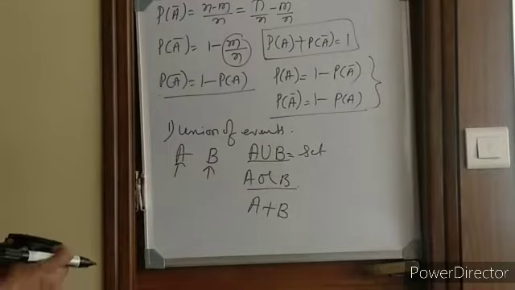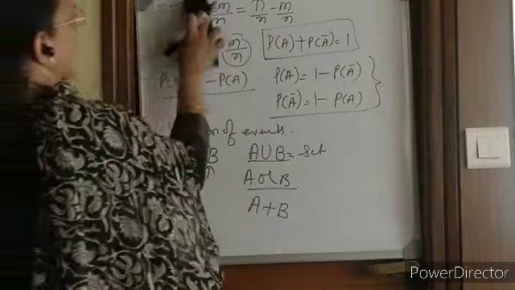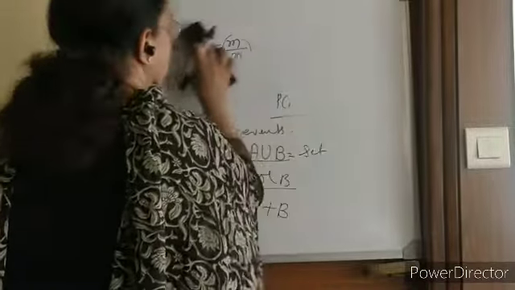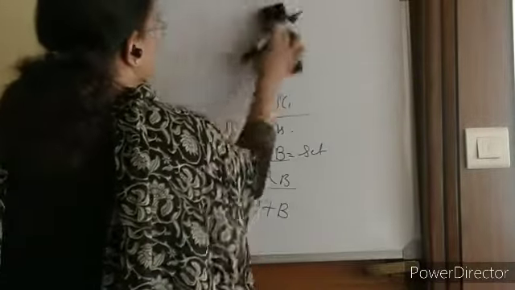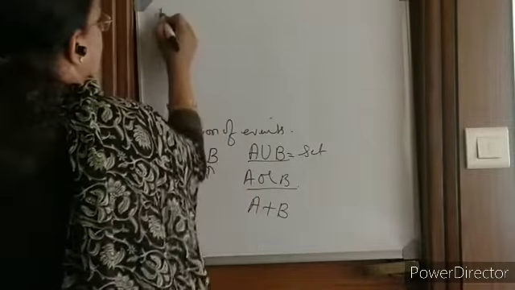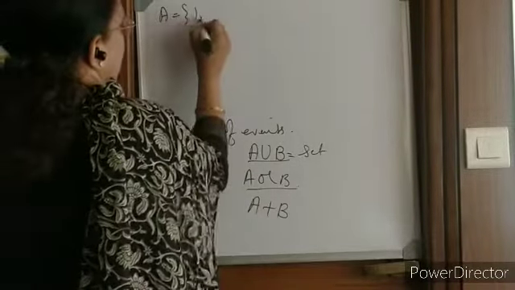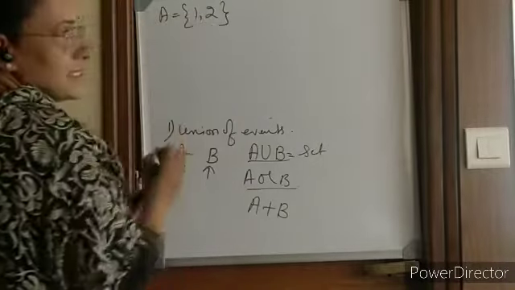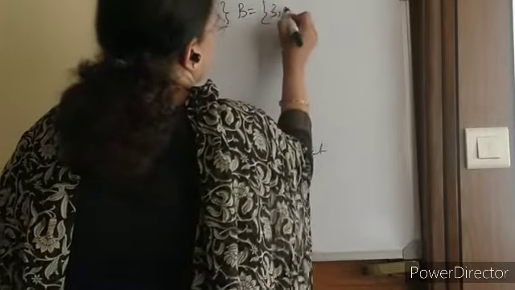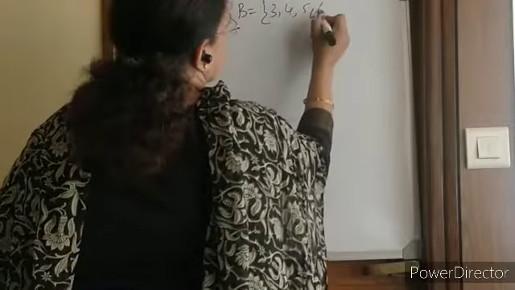Now to give you an example, let A be 1 and 2. I am taking the die experiment. Let B be equal to 3, 4, 5, 6.